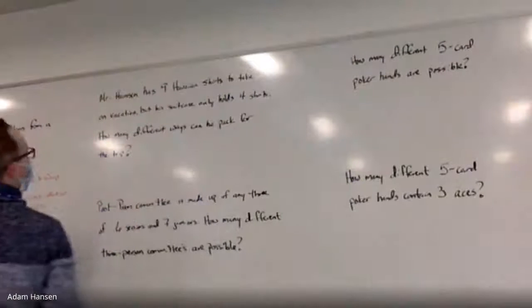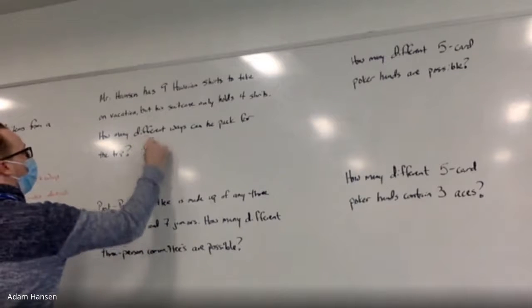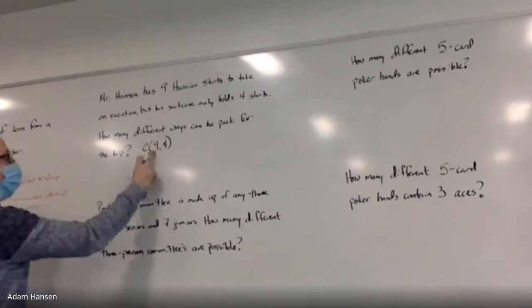Mr. Hansen has 9 Hawaiian shirts to take on vacation, but his suitcase only holds 4 of them. How many different ways can I pack for my trip? How many things can I choose from? That's how many things I'm choosing. So I need 4 shirts from 9 shirts.